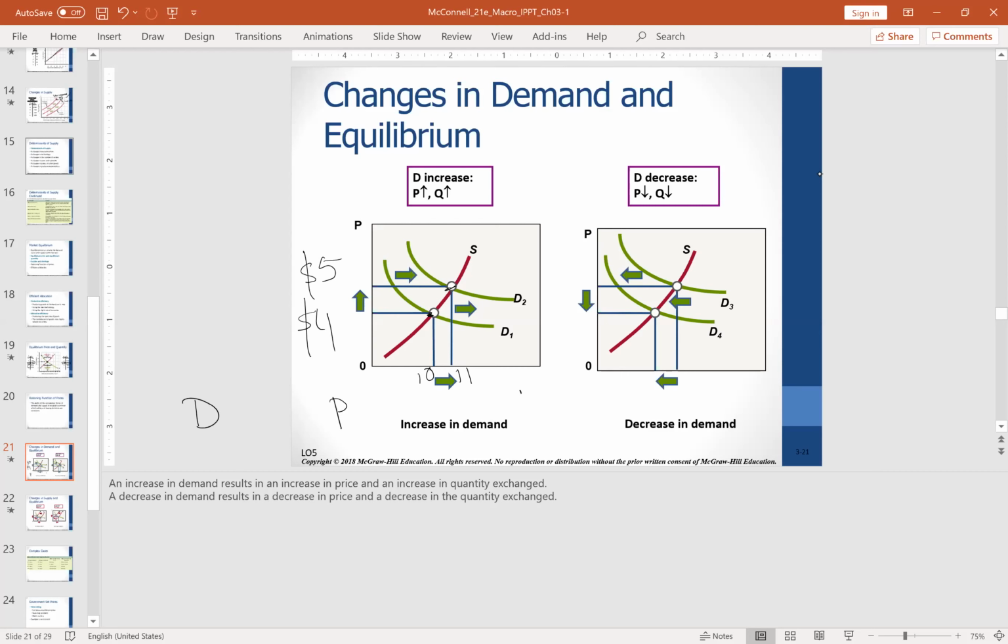So when demand increases, equilibrium price is up, equilibrium quantity is up at the same time. Over here, when demand decreases, equilibrium price is down and equilibrium quantity is down at the same time. Just take a look and see how price and quantity move in the same direction as demand.